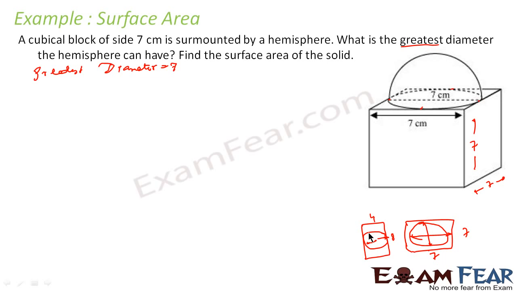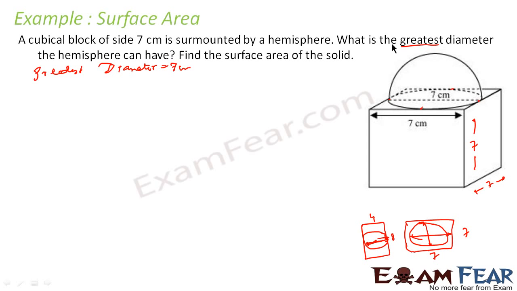Because if we are supposed to draw a circle on a rectangle which is 4 by 8, then the maximum diameter we can draw is 4. But in case of the square, both are the same, so the maximum will be 7. So we'll take the minimum of the length. The minimum in case of 4 and 8 is 4. In the case of 7 and 7 it is 7. So the greatest diameter is 7 cm.